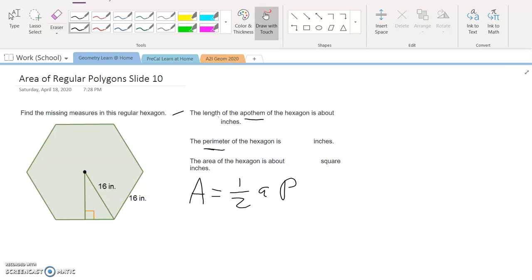what the apothem of this hexagon is. So the apothem, remember, is from the center of the regular polygon to the perpendicular center of one of the sides. So the piece it gives us, 16 right here, is not actually the apothem, that's actually the radius of it. And that's not what we plug in here. We need to solve for this piece right here to be able to get the apothem of this hexagon.